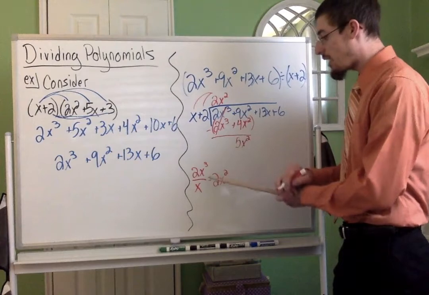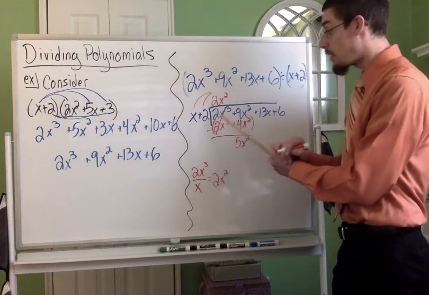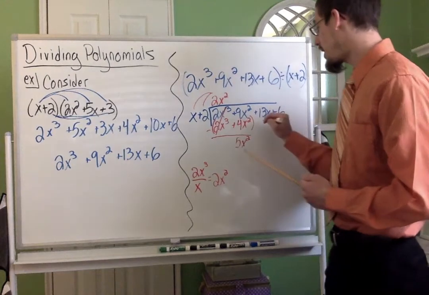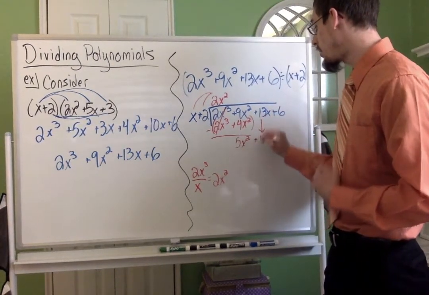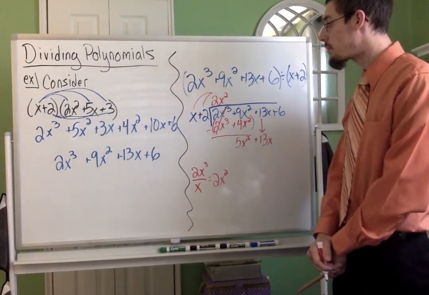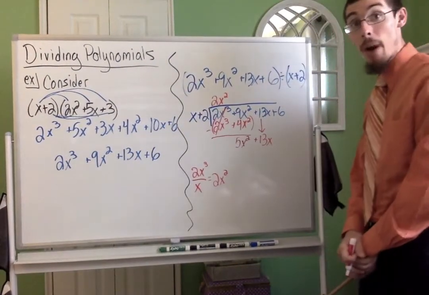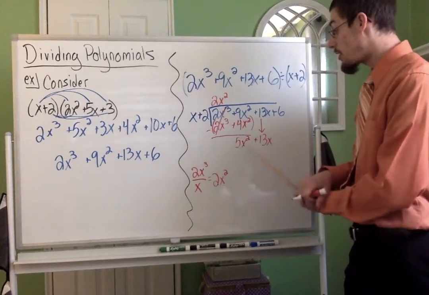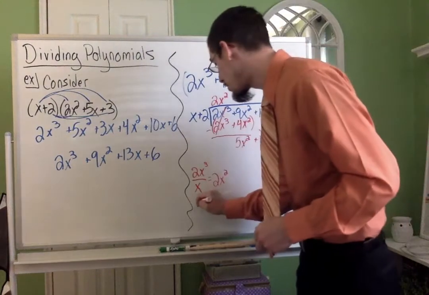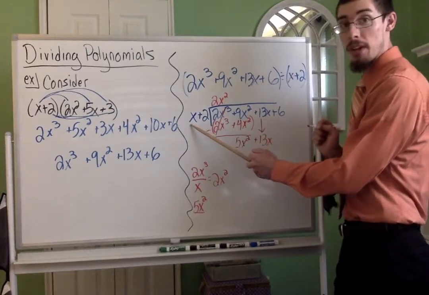So I divided the first part. I then multiplied by that result. And I then subtracted. The next thing I have to do is bring down the next term, which is 13x. Now I repeat the process over again. So I'll take the first term, 5x squared, and I'll once again divide it by the first term on the outside, x.